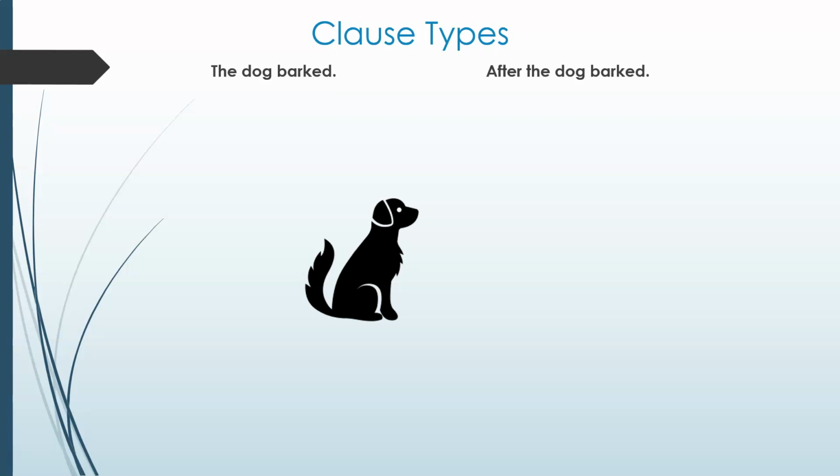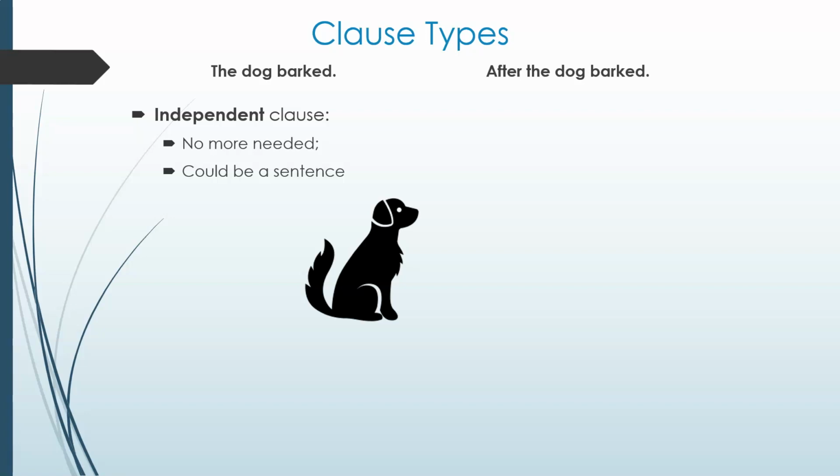It doesn't need anything more to make it a complete thought. This means that it is an independent clause. It could be a sentence by itself. You can have more than one clause in a sentence, but it could be a sentence on its own. The dog barked is a sentence. The dog barked and the cat meowed is also a sentence.